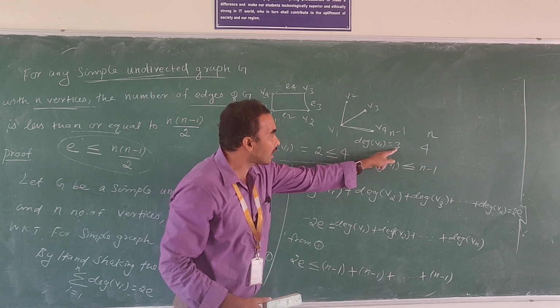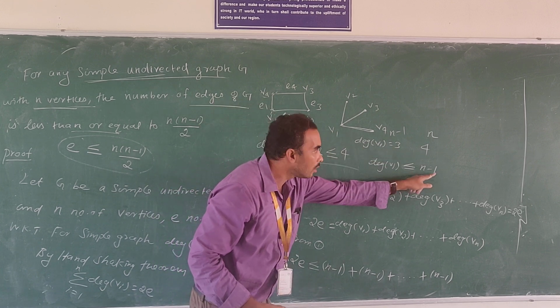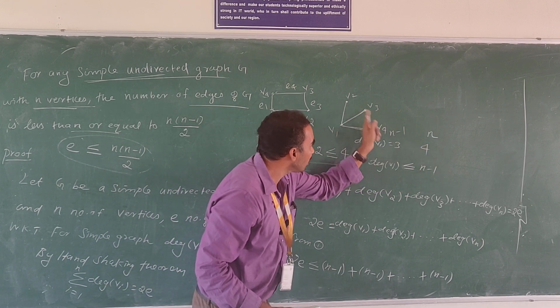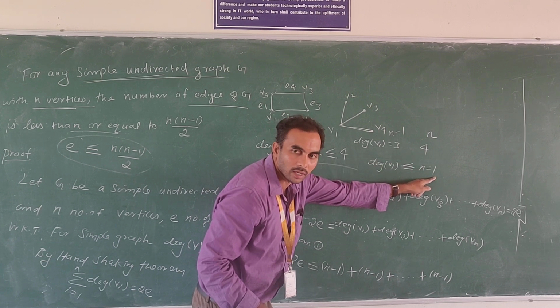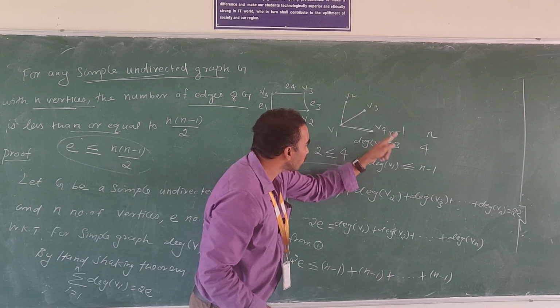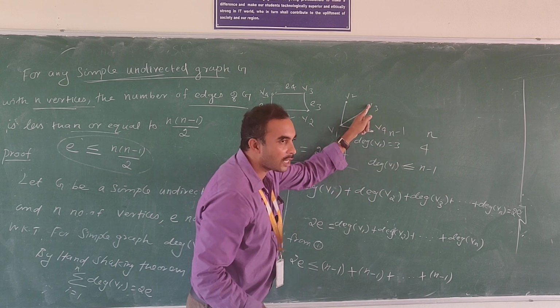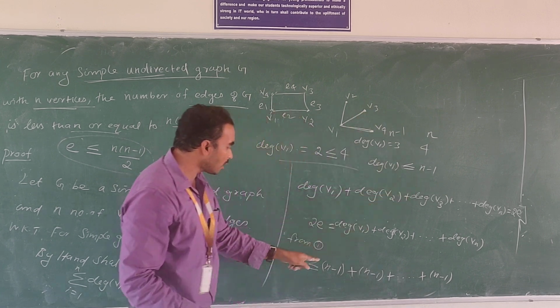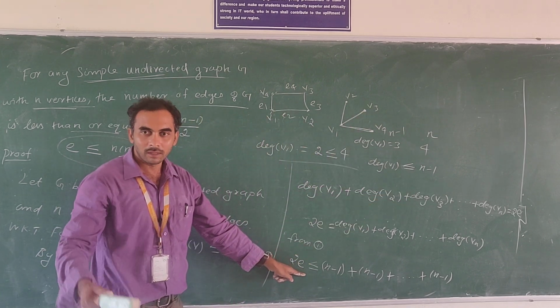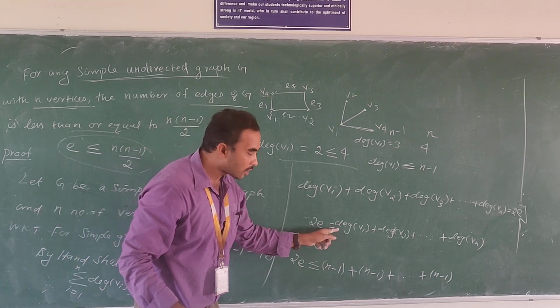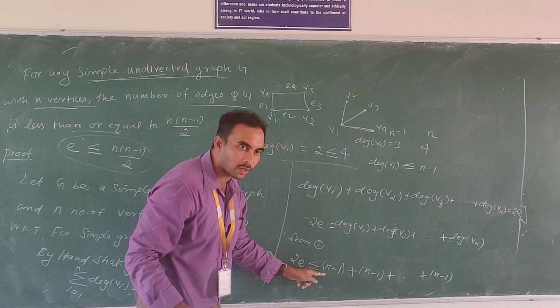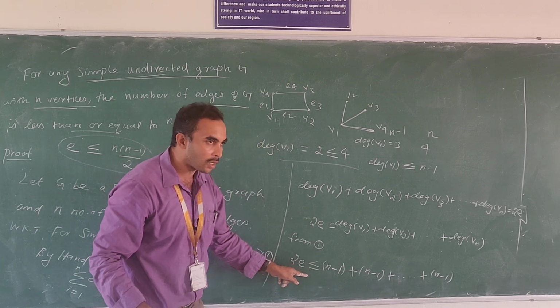Degree of V1 is 3, which is less than or equal to the total number of vertices minus 1, that is 4, which is n minus 1. V2 also satisfies this condition, V3 also satisfies this condition. That is what we are applying here. So instead of degree of V1, we can write n minus 1 because of the less than or equal to condition.